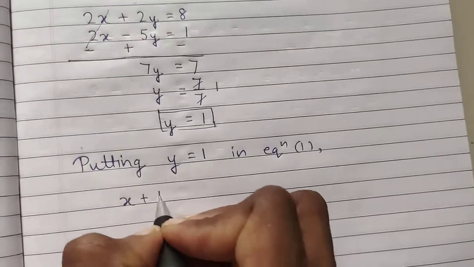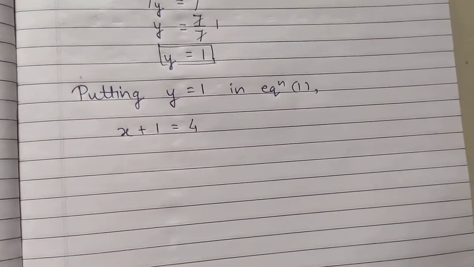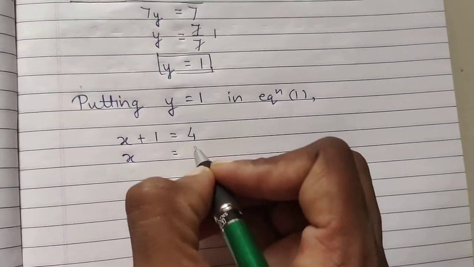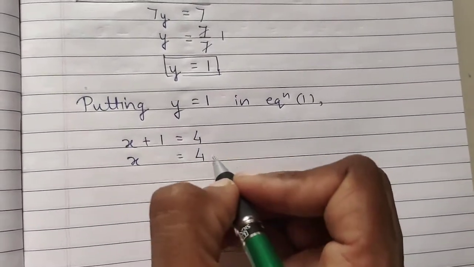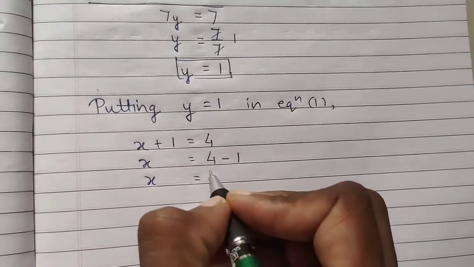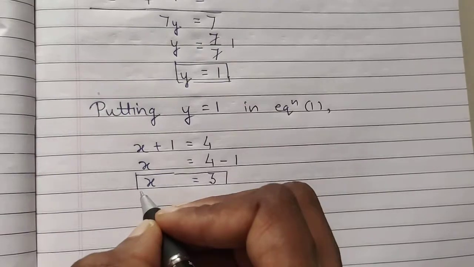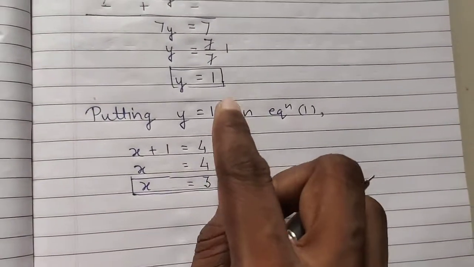Now in the next step, transfer this 1 to the right hand side. So x is equal to 4 already is there. Now plus 1 becomes minus, and you know 4 minus 1 will give you 3. So finally you got your x and y values, x value 3 and y value 1.